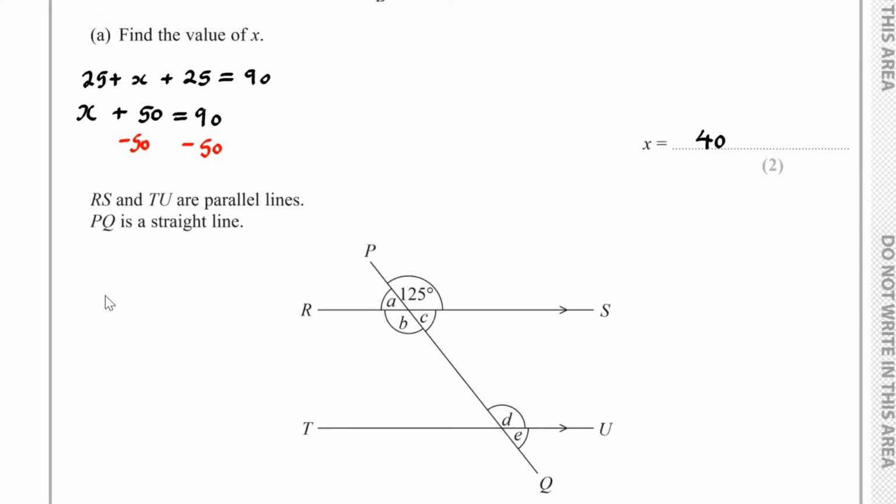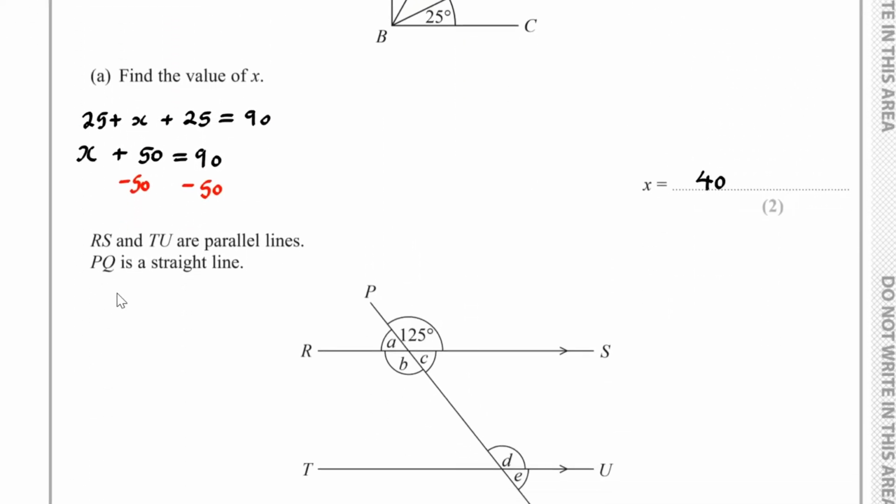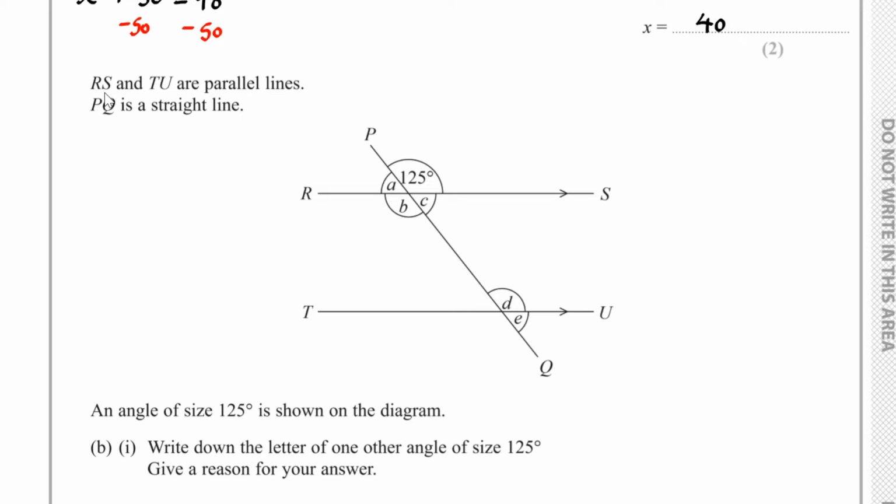Question number 12 for part B. RS and TU are parallel lines. That means they never cross each other. PQ is a straight line, as we see here, and an angle of size 125 is shown on the diagram, that's over here.